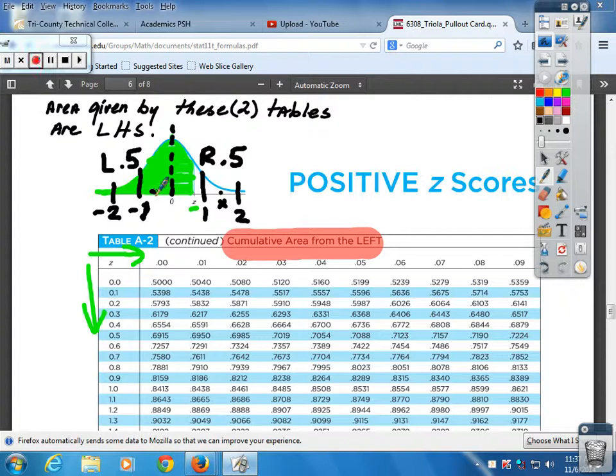What side of the center are you on? You're on the left side, so that's going to be a what z-score? And that means you go to the other table, which is before this one. But they're both reading from the left of the mark. So what do you do if you want to find the right-hand side? Well, we're going to talk about that now in just a second.